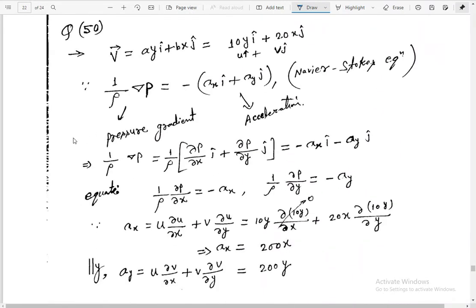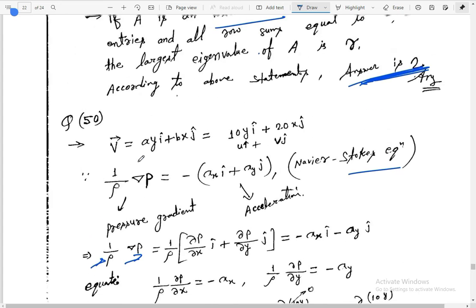From the Navier-Stokes equation, we know the formula: 1 by rho del P is equal to minus of Ax Ay. This is acceleration, this is pressure gradient, and this is density. So 1 by rho del P, we can write as dou P by dou x i and dou P by dou y j, because the two units are given as i and j.